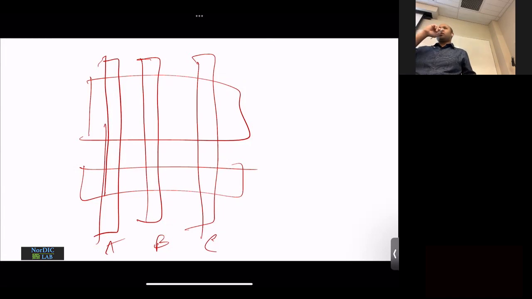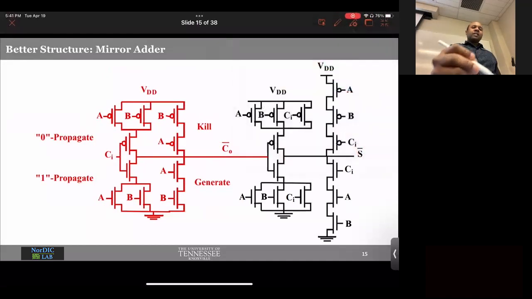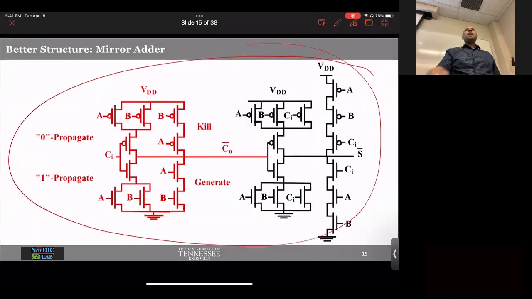It's not so easy for us to vertically share this. You have to bend the lines and do something with it. But that's another benefit that they claimed in their paper. Regardless, this is interesting enough. The first guy who came up with that circuit thought, hey, why didn't I think about this? Maybe because you didn't know about self-dual functions. Right now, somebody thought about it.